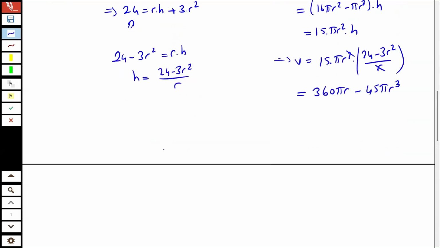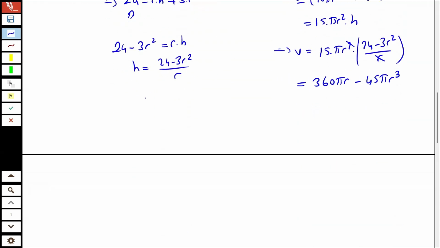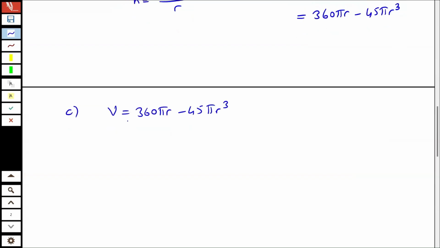At the question C, it's asking to find an expression for the derivative of the volume in terms of r. So I'm gonna find it. First, write the equation of the volume. We found it: 360 pi r minus 45 pi times r to the third power.